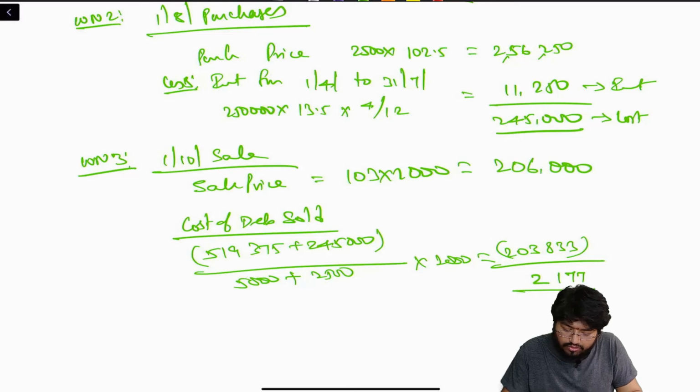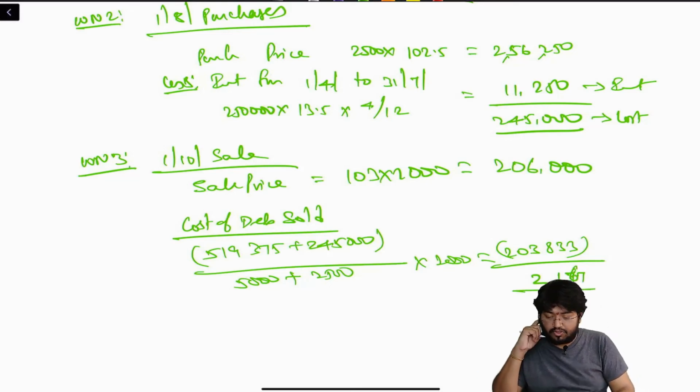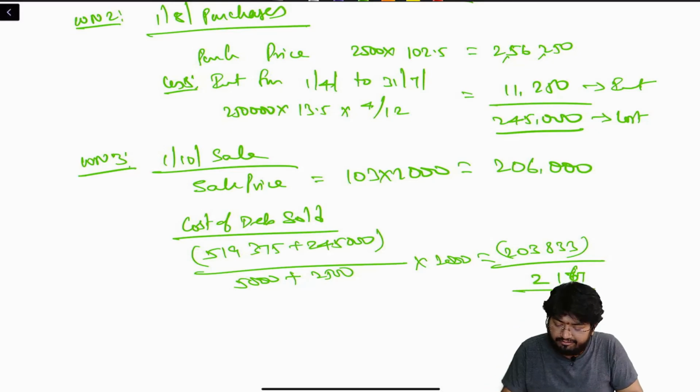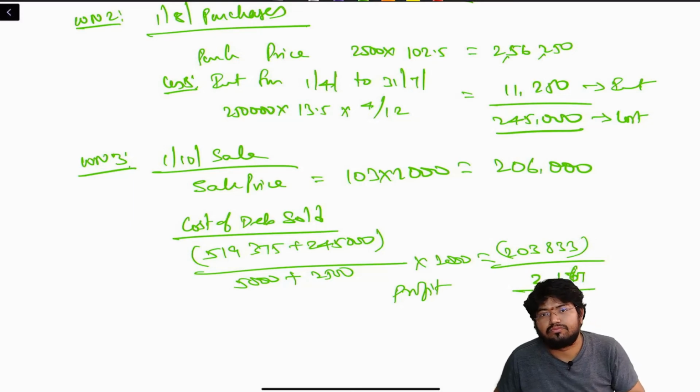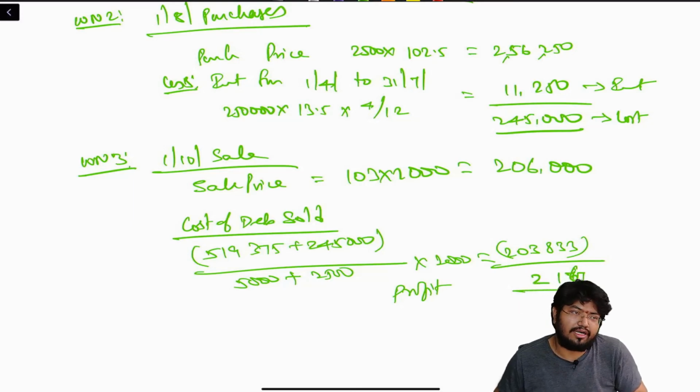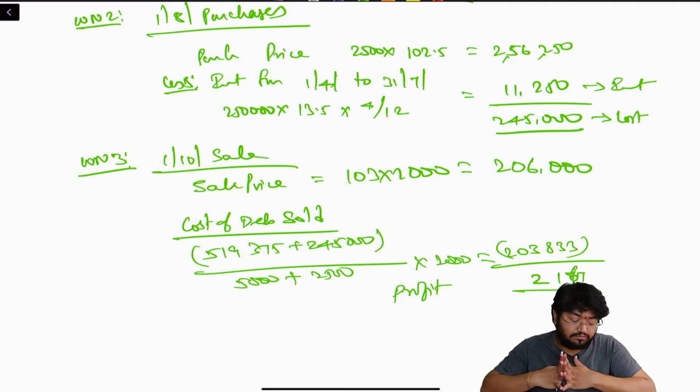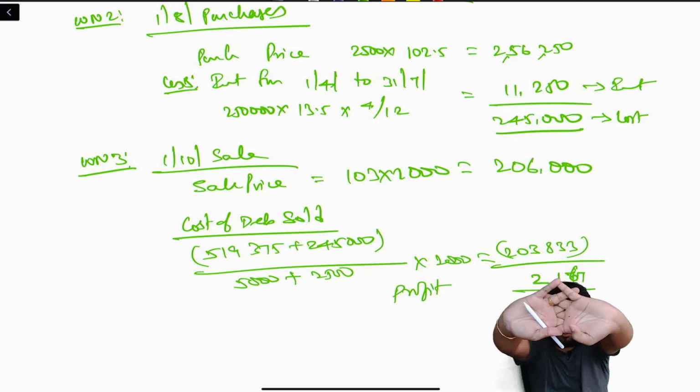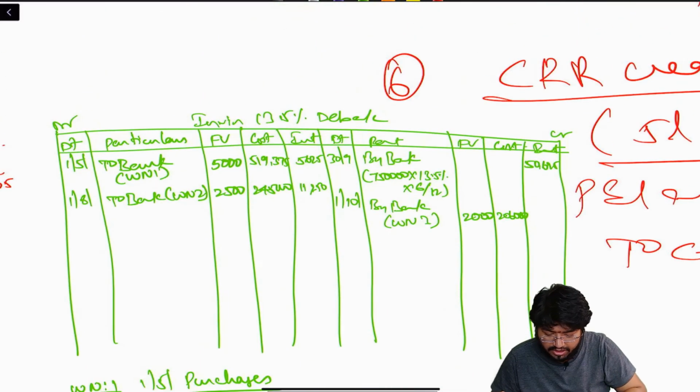So that means I made a profit of 2,167. Yes or no? So to this extent of profit, in what column am I supposed to show? Cost column or interest column? Cost column, sir. Yeah, cost column. So let's do it.